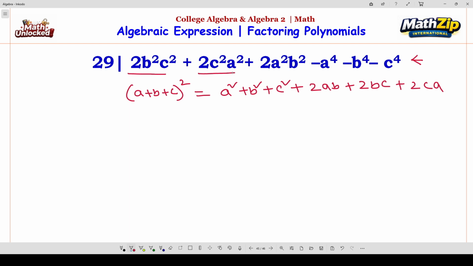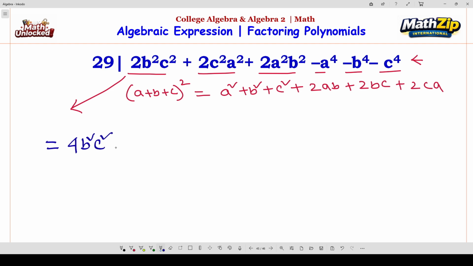2b²c² + 2c²a² + 2a²b² − a⁴ − b⁴ − c⁴. So how can we make it like this? First, we can write any of these, 2b²c², 2c²a², 2a²b², as 4b²c² or 4c²a².